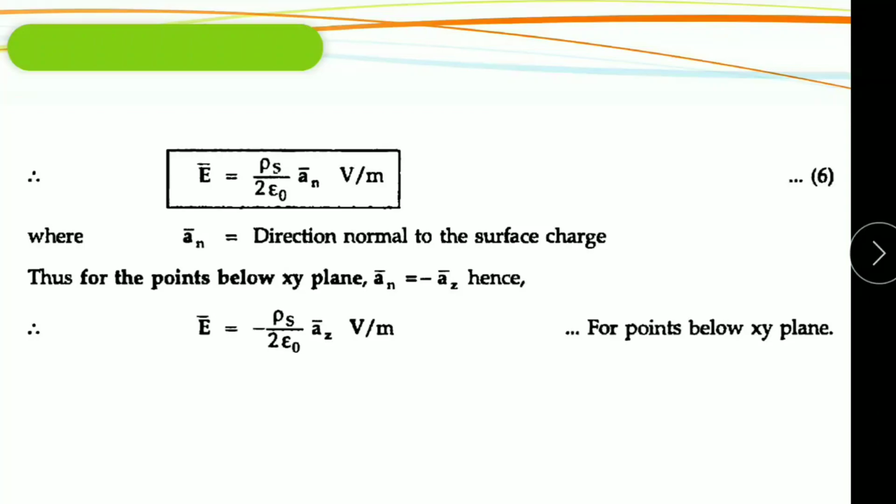So these electric field intensity calculations are all based on Coulomb's law. Why? Because the expression for electric field intensity is derived from Coulomb's law. That means these are all taken as applications of Coulomb's law.